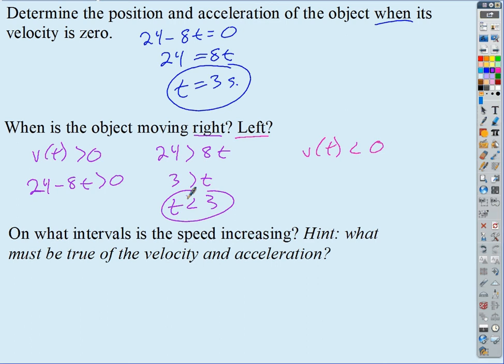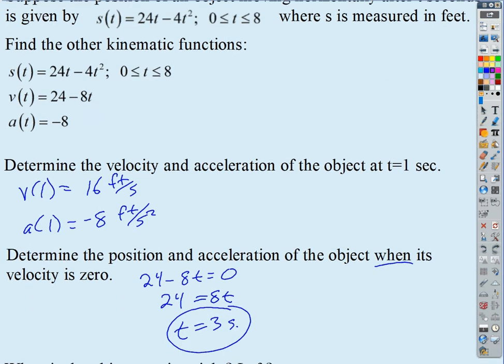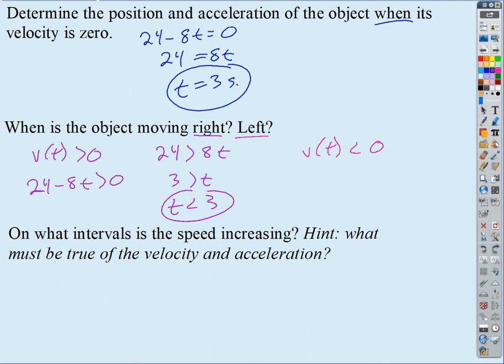So for any amount of time less than 3, we're going to be moving to the right. Well, when must we be moving to the left then? Greater than 3. Now, our domain is limited to be between 0 and 8. So what that would imply is that we're moving to the right when t is greater than or equal to 0. And do I include 3? Nope. Just less than 3.